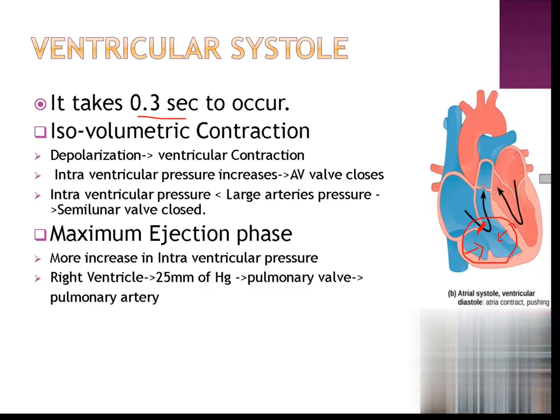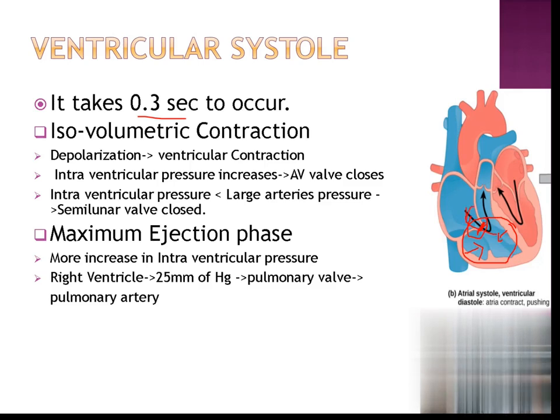Now why is this valve closed? Basically the valves are present. The main function of the valve is to not allow the backflow of the blood. See, if these are open when the contraction is occurring in the ventricle, then there are chances this blood can go back to the auricle.